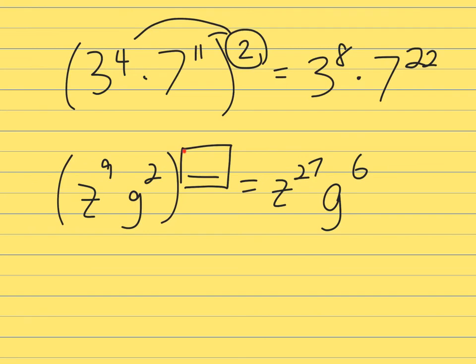And similarly, this number times this number has to equal 6. Okay, well that mystery number is going to be the same in both of those scenarios. So what times 9 gives me 27? 3. So 3 would have to go here. Let's see if that works for the g's. 2 times 3, that gives me 6. That checks out. So the blank would have to be a 3 in that case.